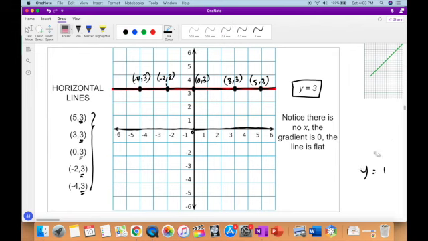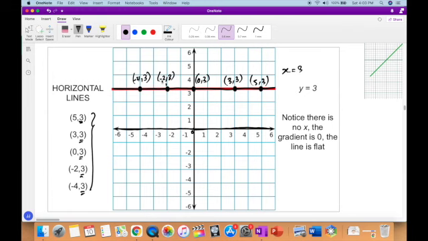Right? So when it's dealing with a horizontal line, students get messed up with this because they will see a horizontal line, and because they know the x-axis is horizontal, they will call this x equals 3. But no, you can see here that the x values are always changing.